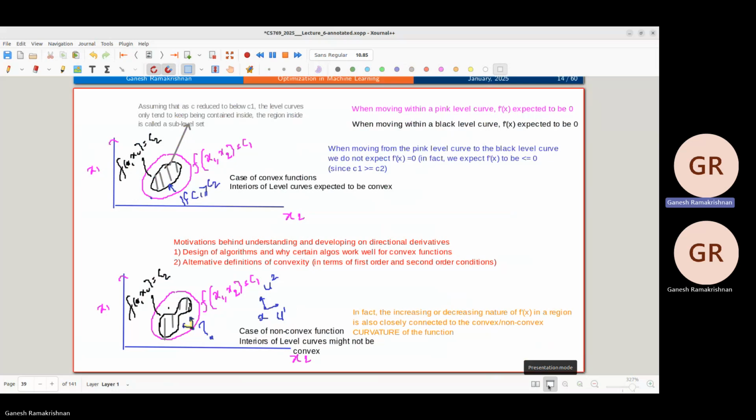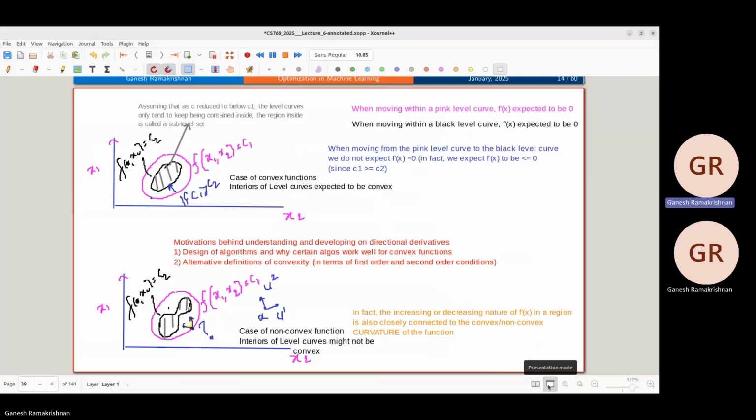Yes, that appears to be right, assuming C1 and C2 are very close by. So moving from the pink level curve to the black level curve, we do not expect f'(x) to be 0 for sure, because there's some change. In fact, we expect f'(x) to be less than or equal to 0.